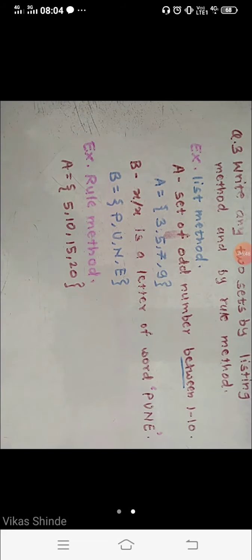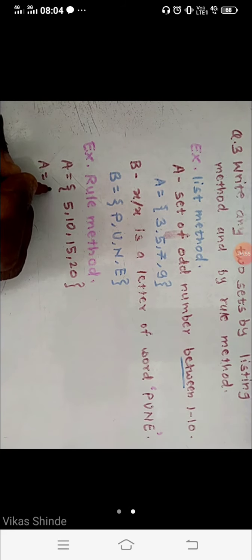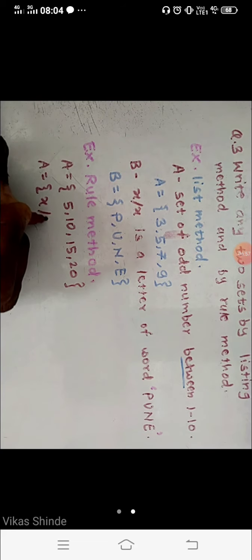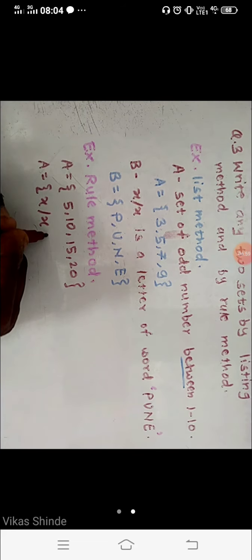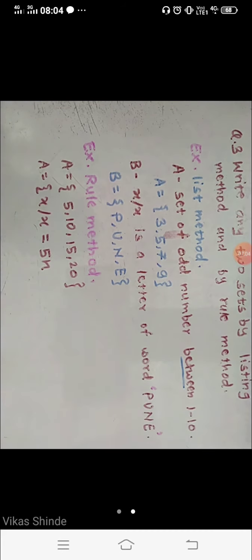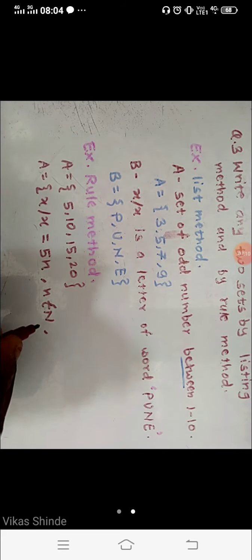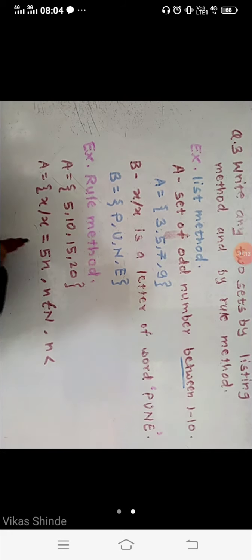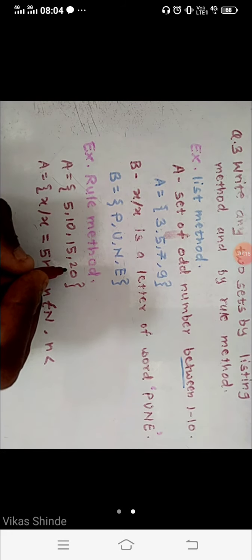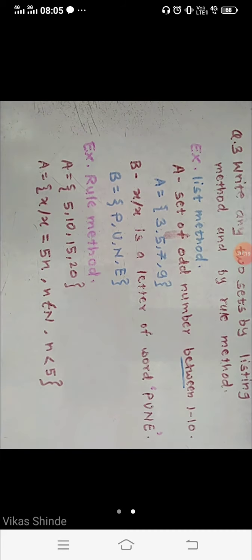So we have to write this way in rule method: A equals, inside a curly bracket, x such that x is equal to 5n, since these are the multiples of 5, and check that n belongs to natural numbers and n is less than how much. Check here, 5 times 4 is 20.